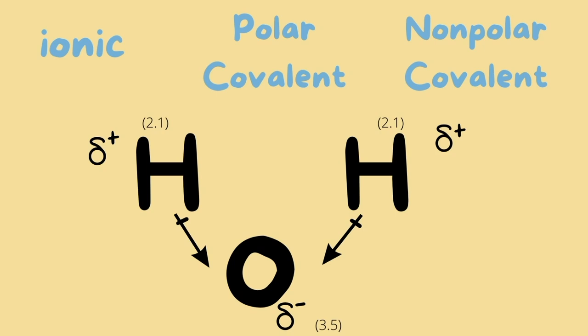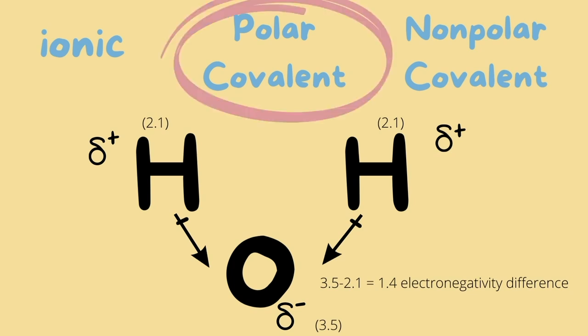Now, I added a little extra stuff here just to make it look a little more complicated, but that's just the reality. You might see something like this on your exam. Focus on the electronegativity values and find the difference of the values. The electronegativity difference here is 1.4, so that's going to make H2O a polar covalent bond.